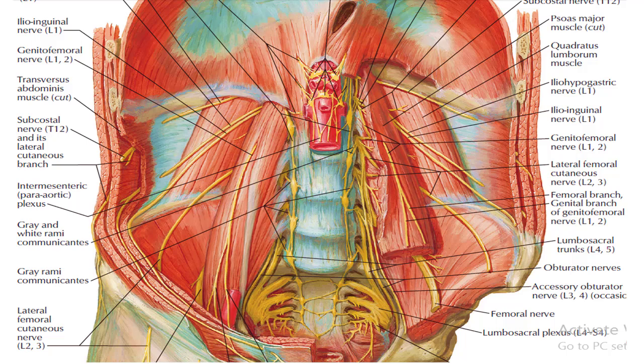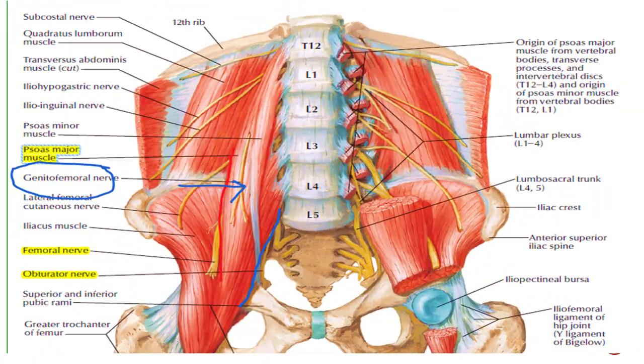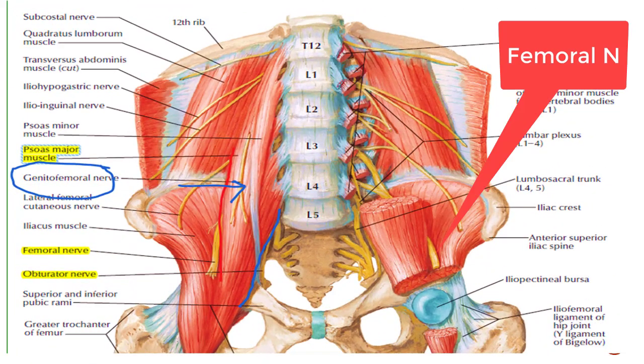Now, we can see the different nerves which are emerging from this area. So how will we identify them while you are doing dissection or when you are going to see these images? It's very easy. Just focus on the nerves that I am going to mention right now. So focus on the femoral nerve. We can see this nerve is on the lateral side of the psoas major muscle.